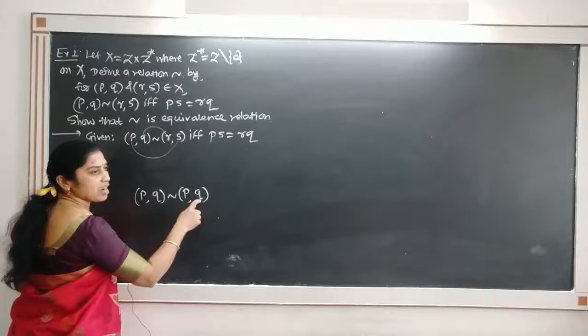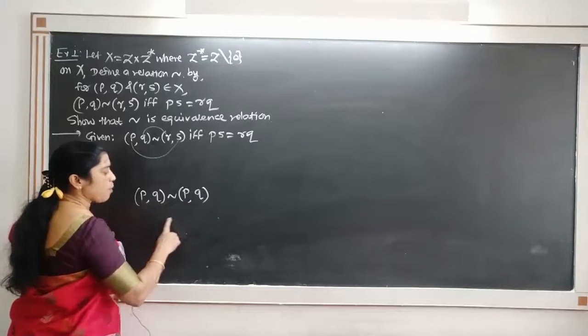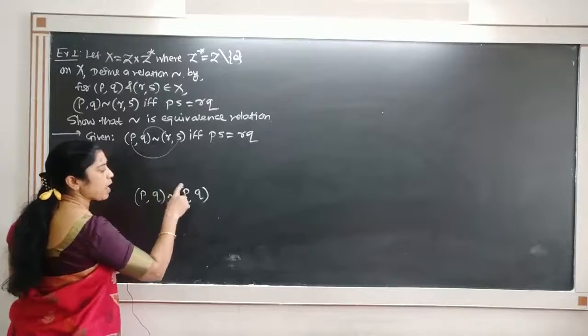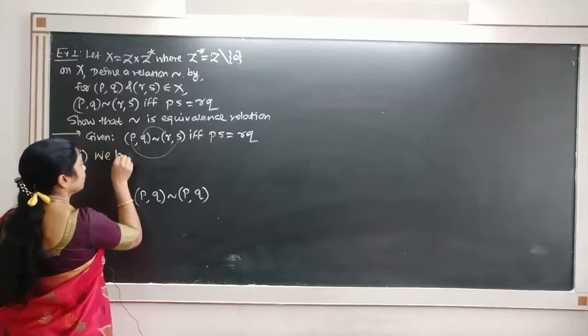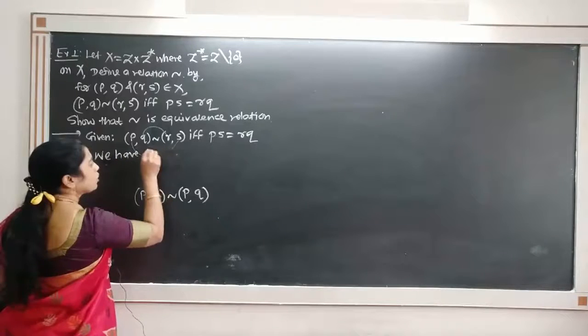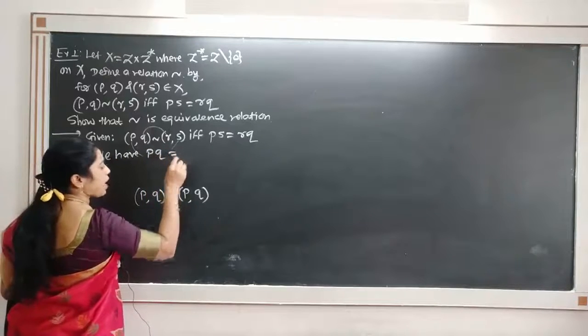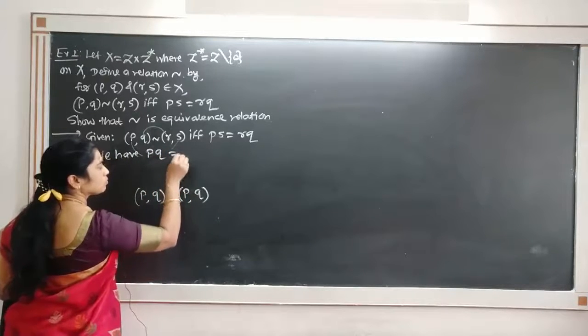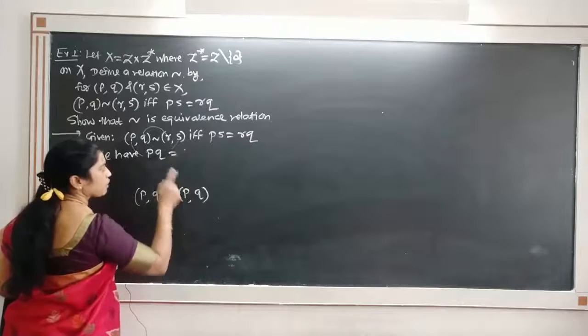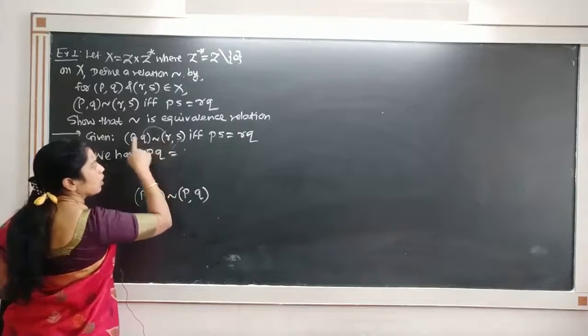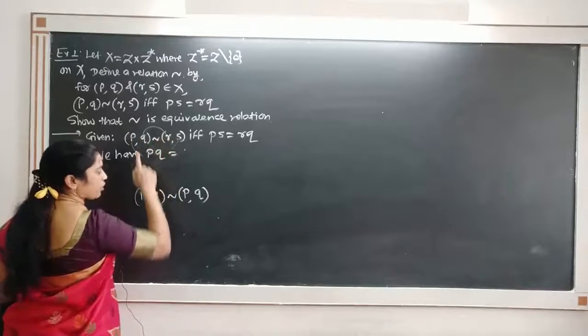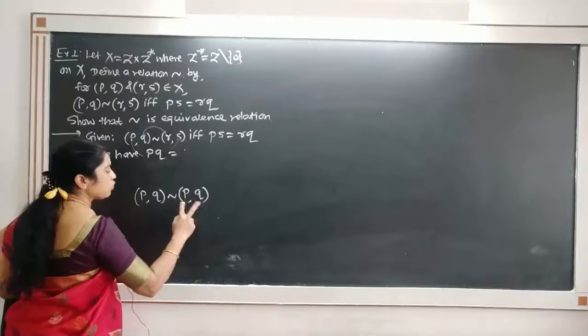When (p,q) is related to (p,q), if and only if the product pq is the same as the product qp. But we know that the product pq is the same as the product qp. Similarly, pq is equal to pq.